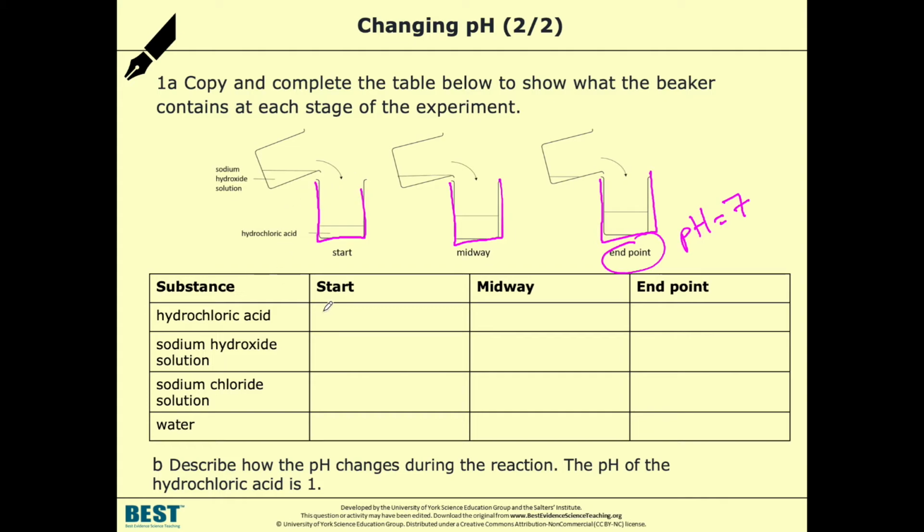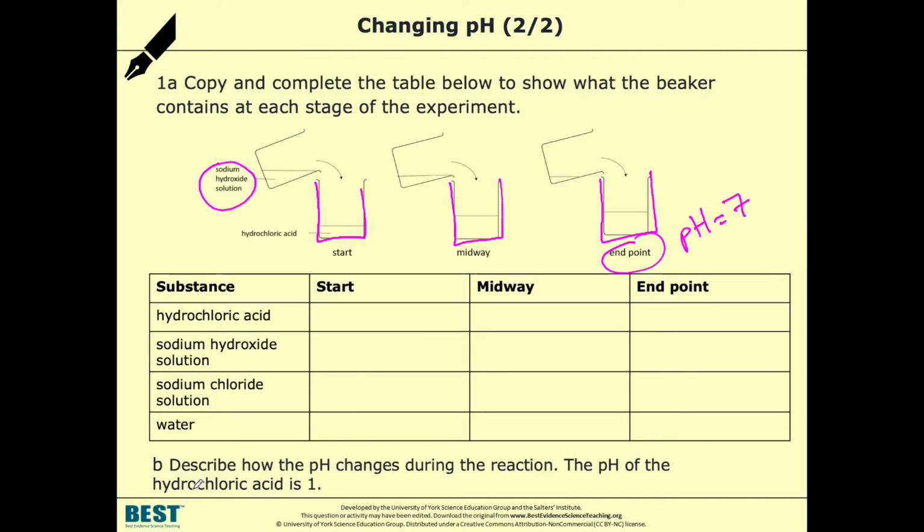What do we have at the start? And what do we have midway through? So thinking about the fact that sodium hydroxide solution, as it's added, is going to react with the hydrochloric acid. So think about what's going to be present in midway. And then the second part is to describe how the pH changes during the reaction.